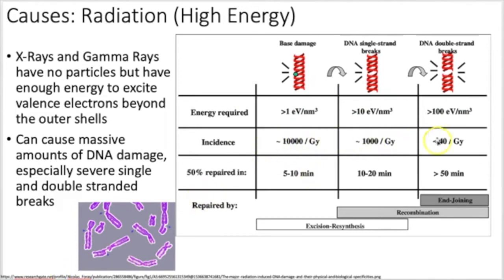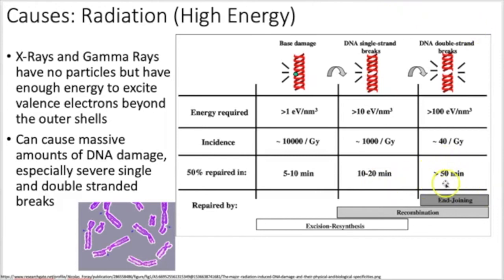It's just how much radiation is actually getting in there. And why did I put this in here? Well, we're going to talk about excision synthesis, recombination repair, and non-homologous end joining as ways to fix the actual damage caused by gamma radiation or X radiation. But if you have these single base damages, you fix that super fast, within a couple minutes. Single-stranded breaks, not so great. It takes a little while to fix that, if you can even fix it at all. Double-stranded breaks, way bigger deal.